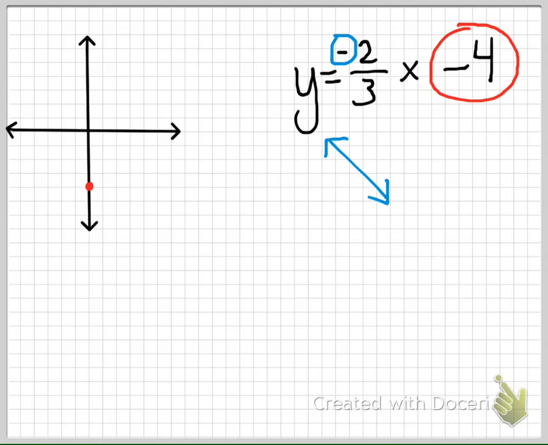The next thing to look at is your slope. I notice that we have a negative slope, which means our line is going to go down to the right. So our slope is rise over run, 2 over 3. So our rise is 2 and our run is 3. You see that I've gone up 2. But now, which way do I go, left or right, if I want to have a negative slope?